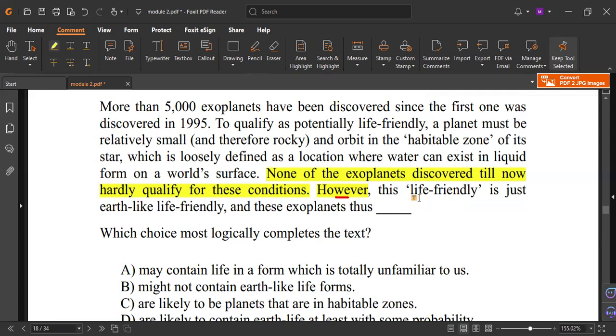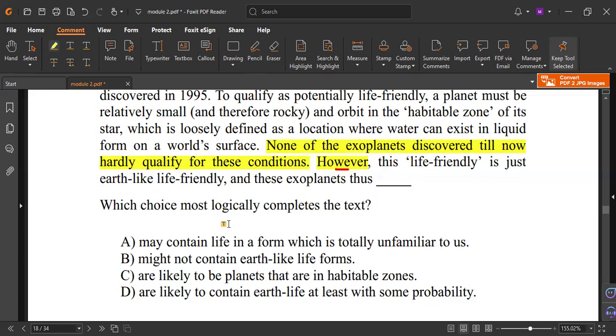That's why he said this life friendly is just Earth-like life friendly, and these exoplanets may contain life in a form which is totally unfamiliar to us. If it contains life or not, yes. This is opposite to this one. This one he said no life in it. He said opposite, may contain life. So what helps us? However, this is called the complement.